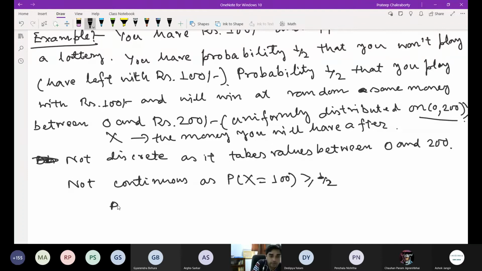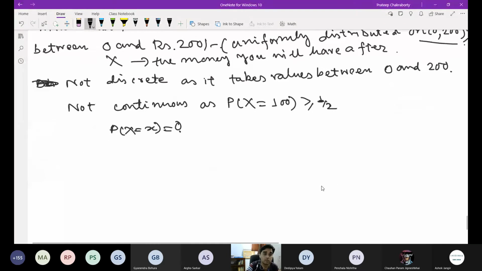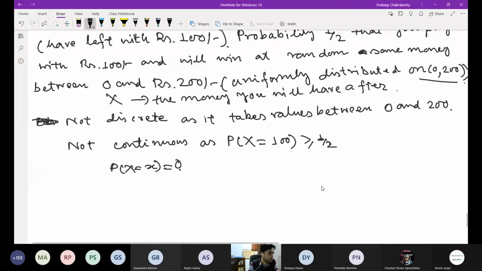Continuous means that at any point, P(x = a) has to be equal to 0. But here P(x = 100) is at least half. There is a half probability that you don't play, and in that case you will still have only the 100 rupees you had before. So P(x = 100) is at least half, and that's why this is not continuous. This is called a mixed random variable. I hope you have understood this. Any questions?